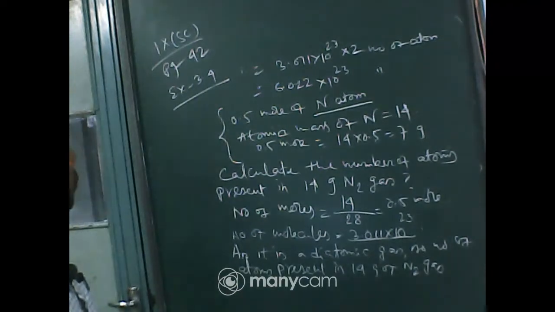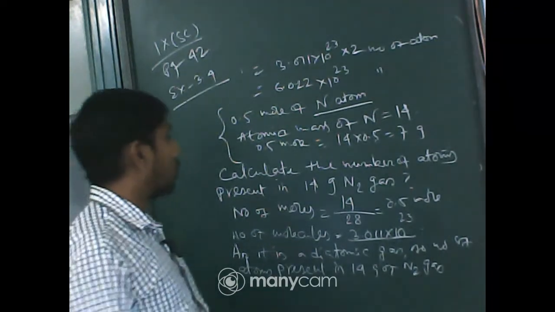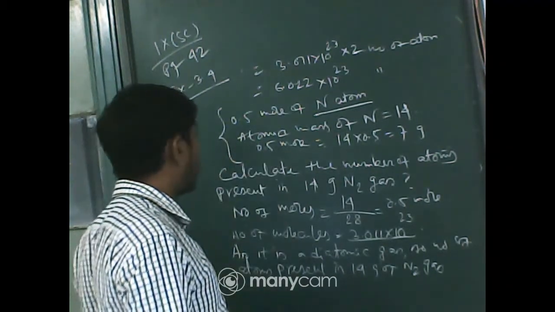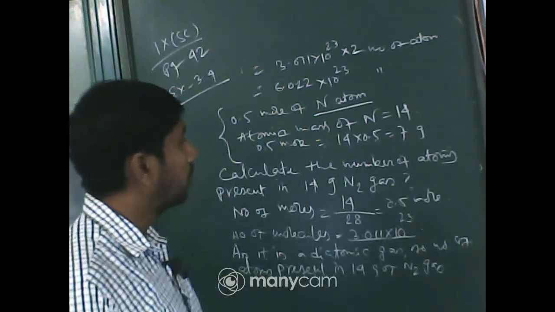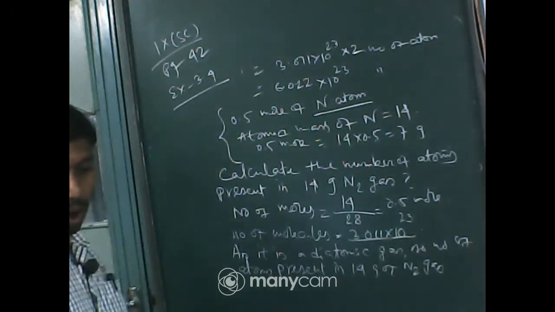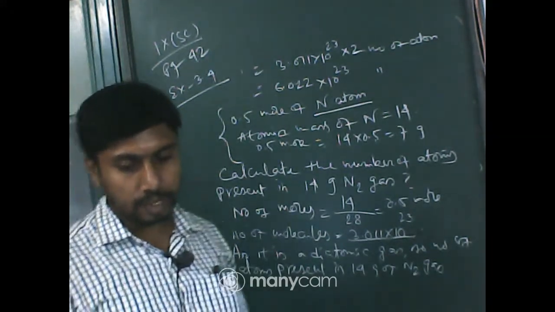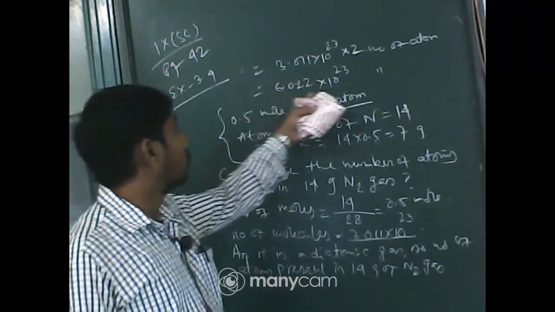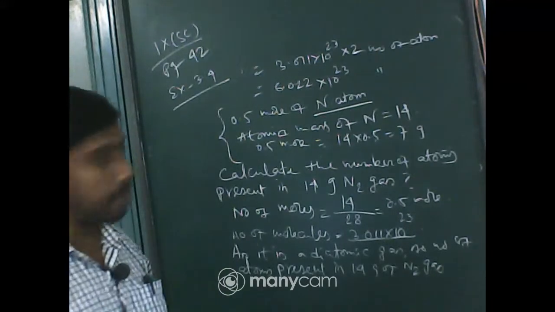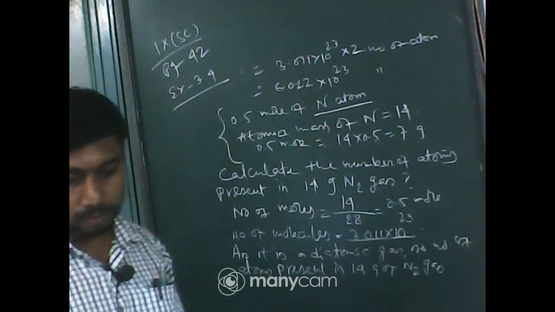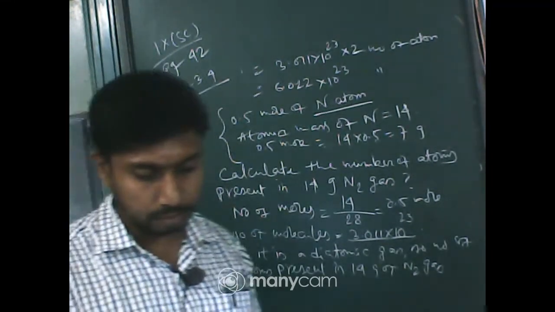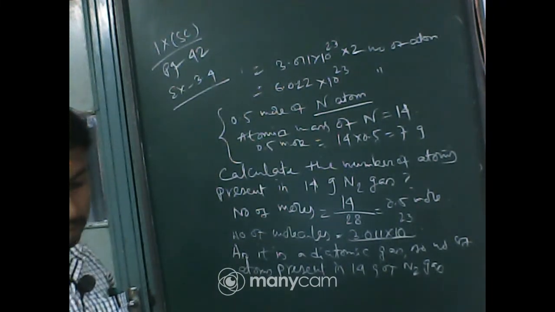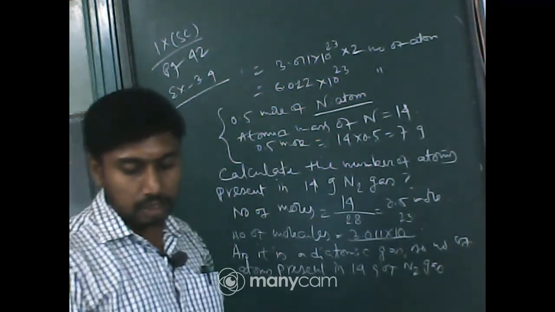Clear? Not 2 into Avogadro's number, it is only 1 into Avogadro's number. Clear?